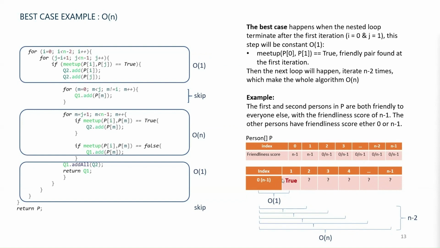So we call the first iteration with 0 and 1, it returns true, and the iteration terminates. Then the next loop will call 0 with 2, with 3, all the way to n minus 1, n minus 2 times. It's O(n). Okay, this is my algorithm. Thank you.